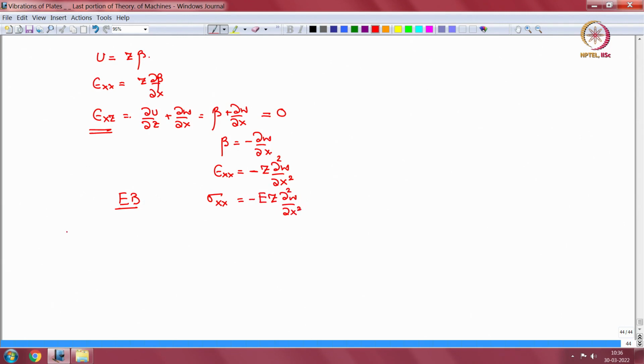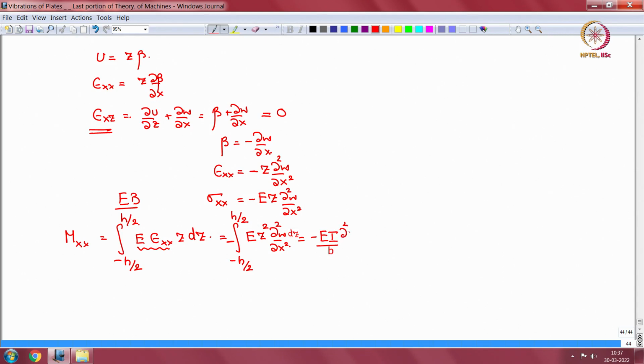Which means my moment resultant is equal to integral minus h by 2 to h by 2 of sigma xx z dz, which is integral of minus E z square del 2 w by del x square dz, which gives me minus E I by b del 2 w by del x square.